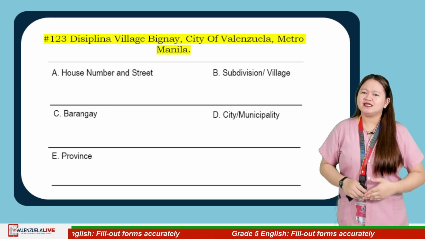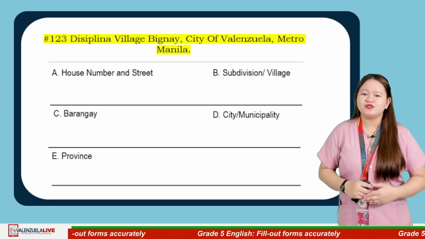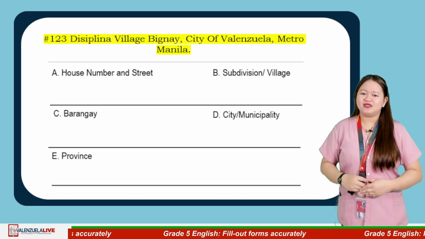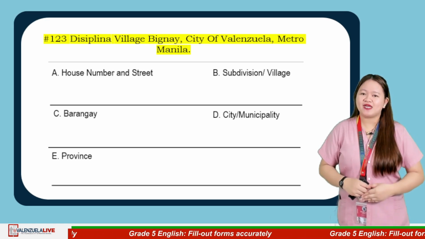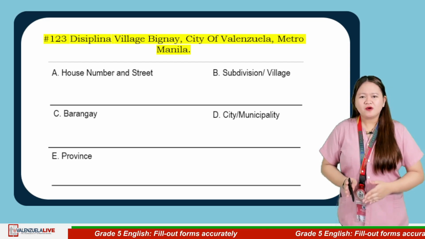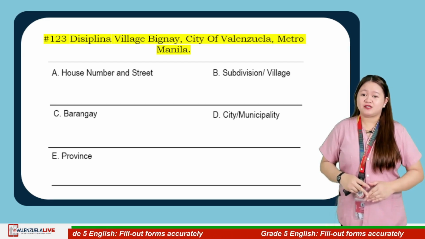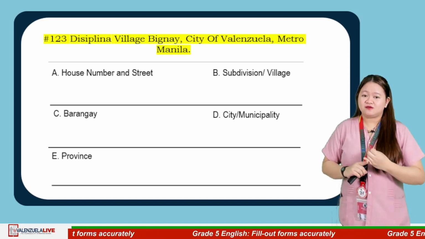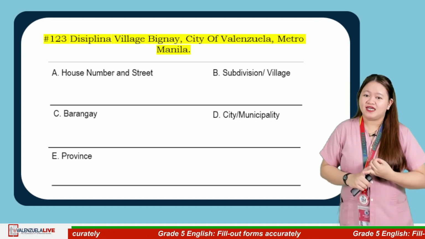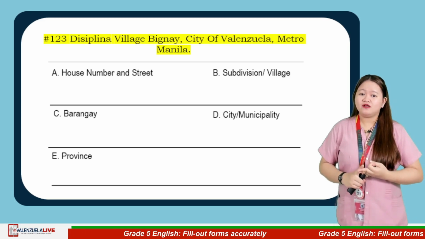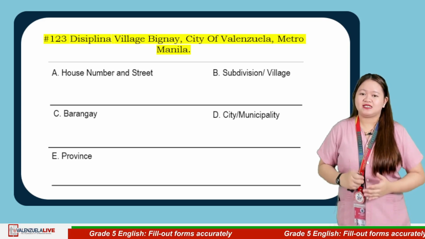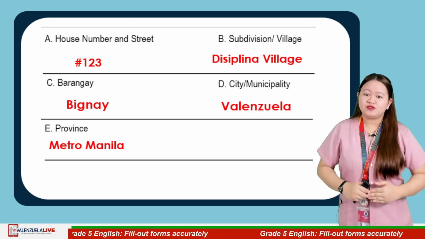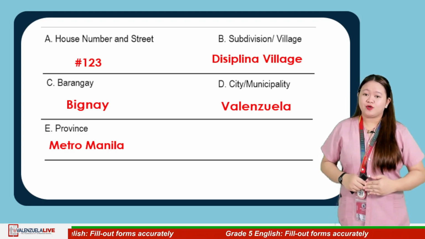Suppose your address is number 123, Disciplina Village, Bignay, City of Valenzuela, Metro Manila. How are we going to write it on the address part? We need to identify the house number and street, subdivision or village, barangay that we belong to, city, and the province. Number 123 should be placed on house number.